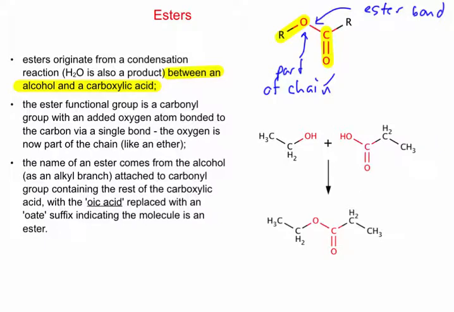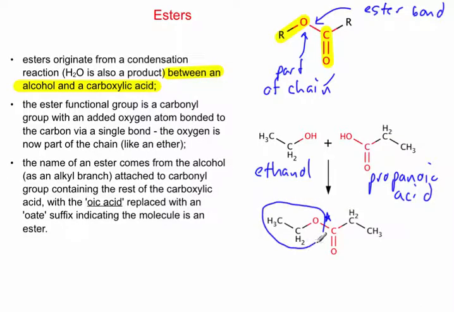And so if we look at our example here, this is ethanol, and this is propanoic acid. So there are my two reactants for my reaction. And here's that ester bond that forms between the two. So when we name it, we take the alcohol component, so that is ethanol, with the oxygen, and we treat that simply as a branch, and so that becomes an ethyl branch.